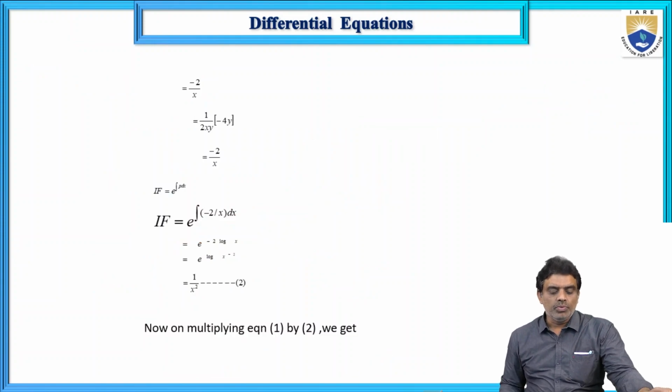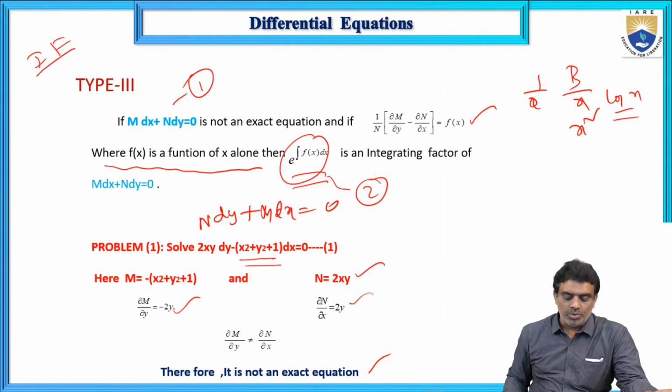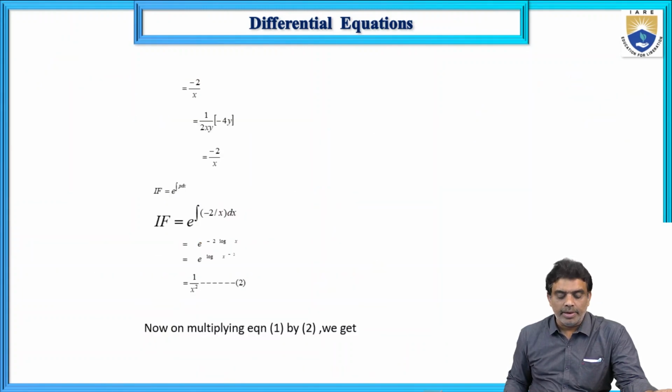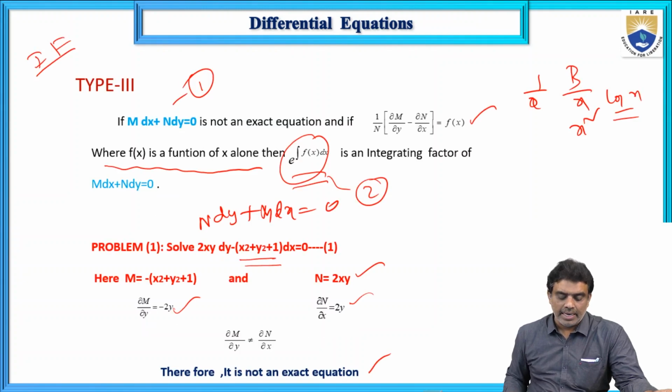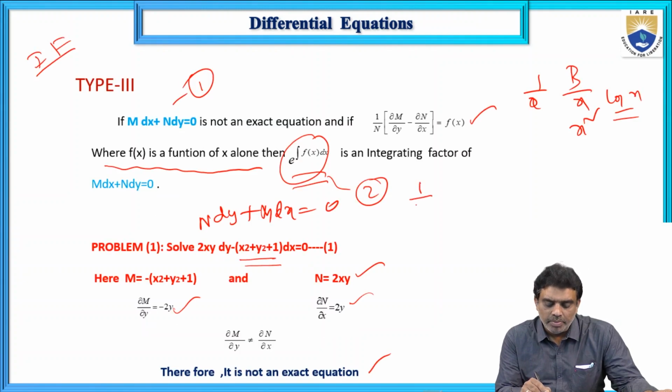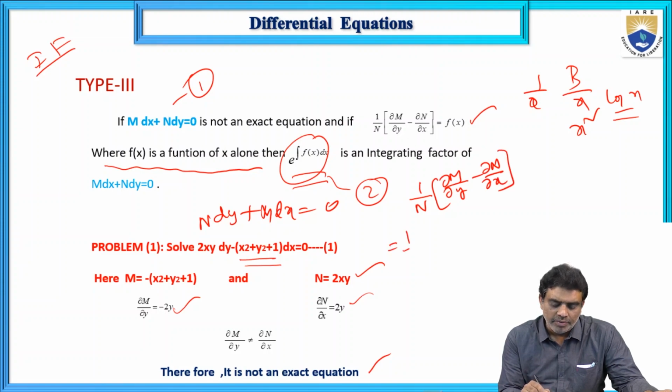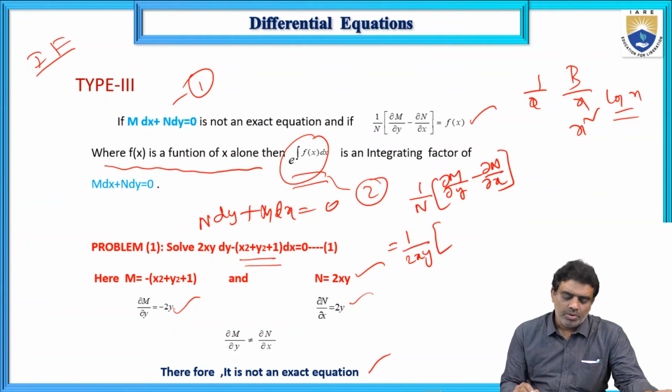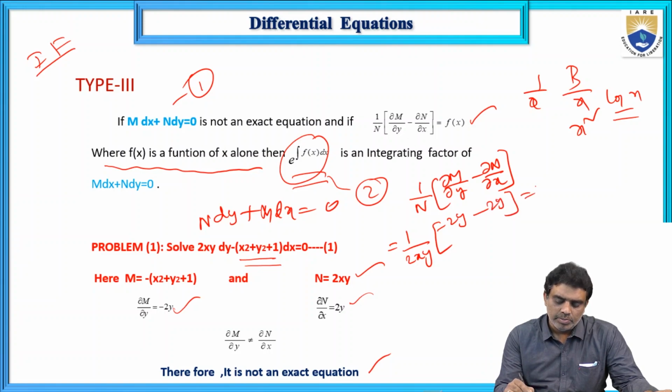We also check the value of 1/N times (∂M/∂y - ∂N/∂x). So what is 1/N? It is 1/(2xy) times, with ∂M/∂y = -2y and ∂N/∂x = 2y, so this is -4y/(2xy). The y cancels, the 2 cancels, and it is -2/x.